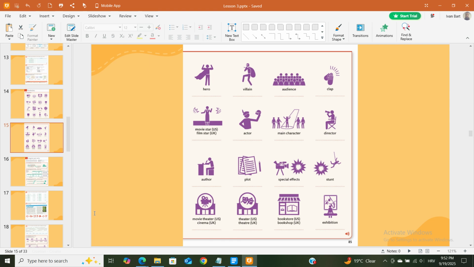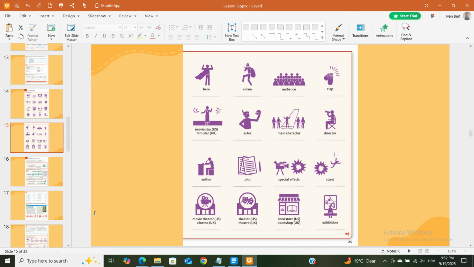Movie star (US), film star (UK), actor, main character, director, author, plot, special effects, stunt. Movie theater (US), cinema (UK), theater, bookstore (US), bookshop (UK), exhibition.